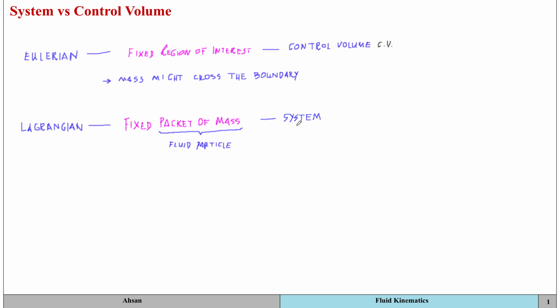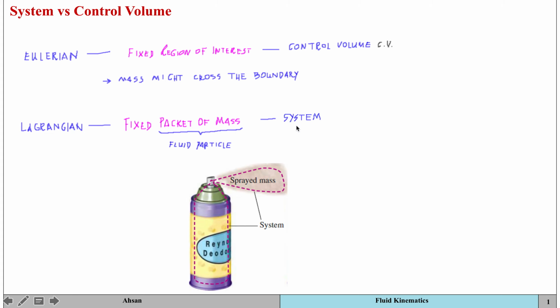A good way to visualize the difference between the system and a control volume would be if we look at this spray can. The fluid within this spray can, if we take that fluid as what we're analyzing, then even if we're spraying through the spray can, the sprayed mass out of the can is still going to be a part of our analysis, right?